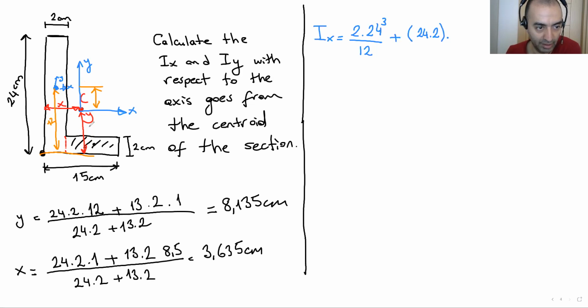And what is y? Y is the difference between these two distances, which gives me this one. So right here, minus.